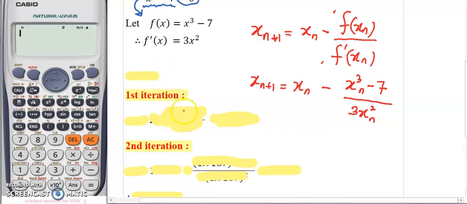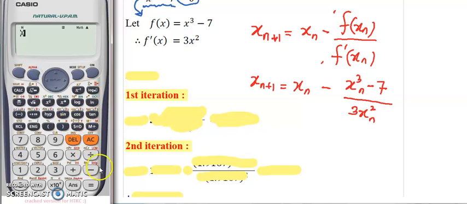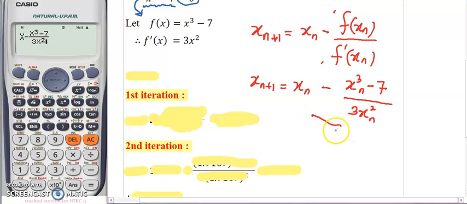And in order to make our calculation fast enough, let us insert this framework into the calculator, where we have x minus the fraction, x cubed minus 7 divided by 3x squared. So we get this framework ready to apply Raphson calculations.